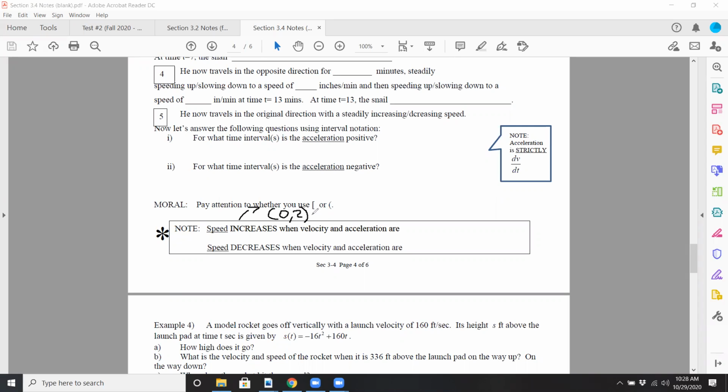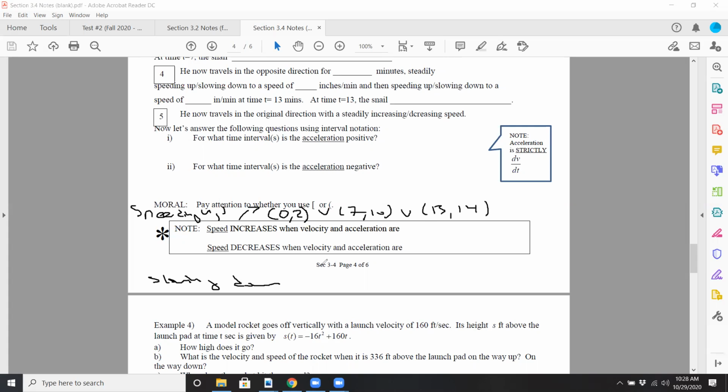So we'll just use open intervals for when you're speeding up and when you're slowing down. So you're speeding up from 0 to 2, as well as from 7 to 10. And as well from 13 to 14.